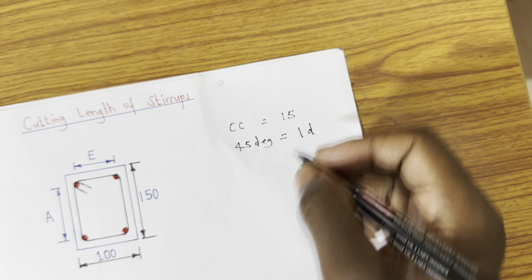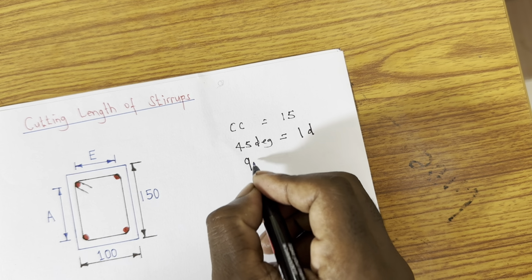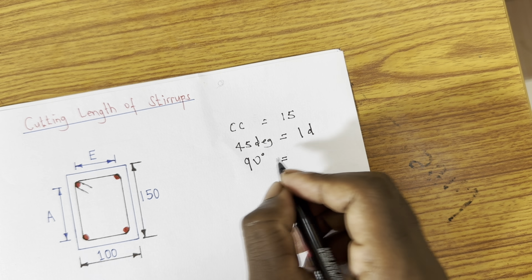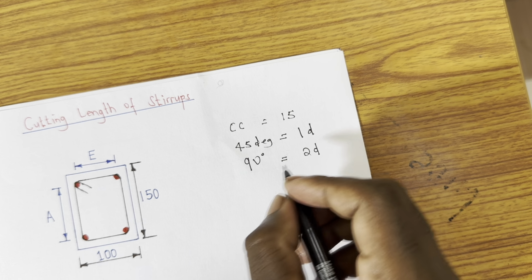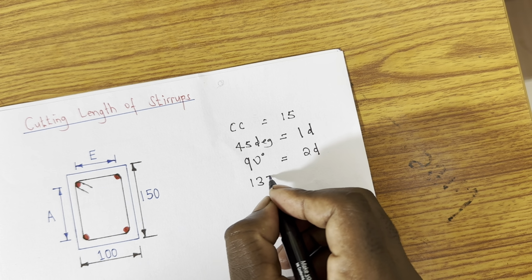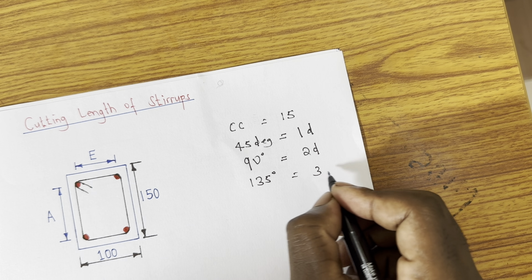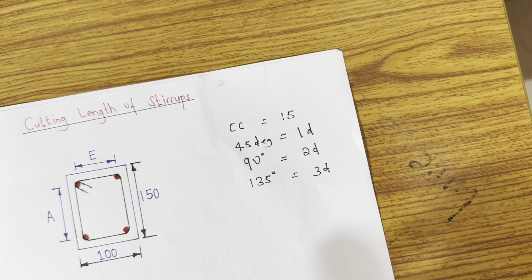The length of that bend is 1D. If it is a 90 degree bend, it is 2D. And if it is a 135 degree bend, it is 3D. This will help us, and we really require it there.